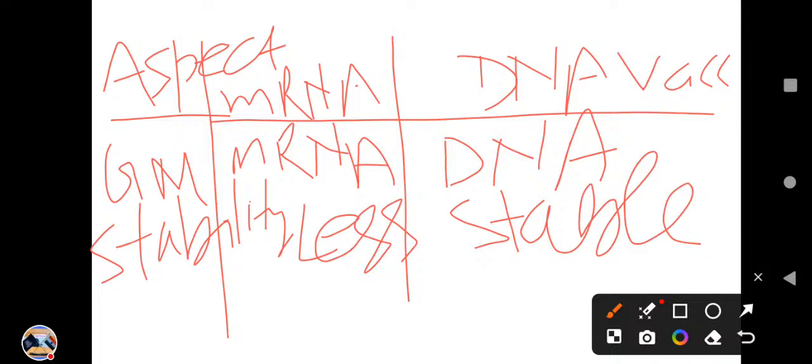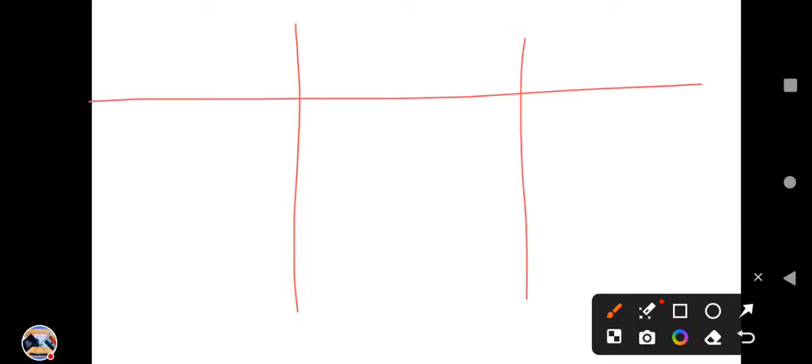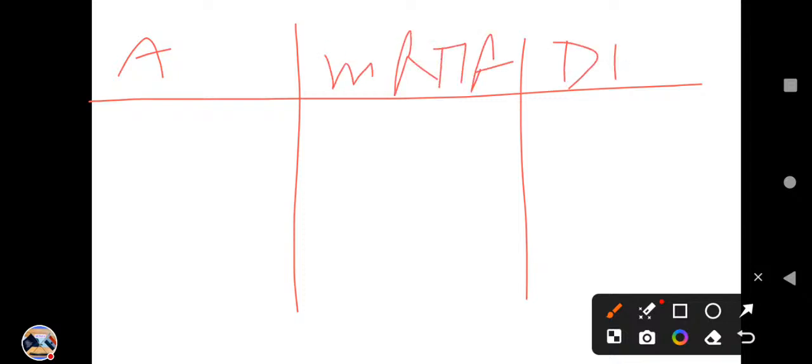Okay. And next, make three columns again. So you simply understood this. Aspect, mRNA, DNA. Okay, third is delivery.